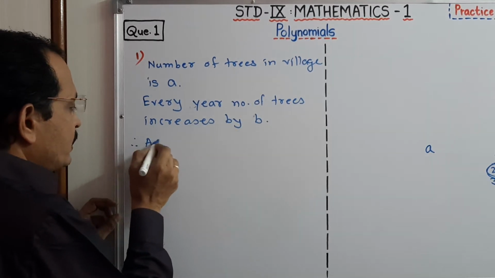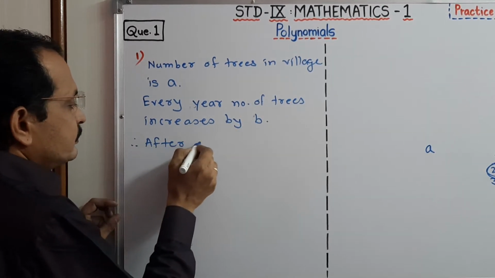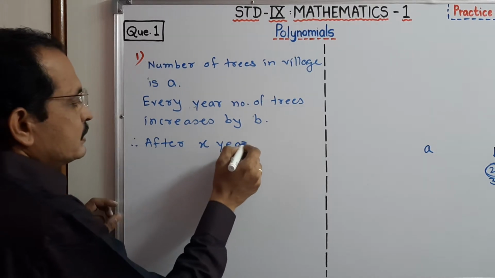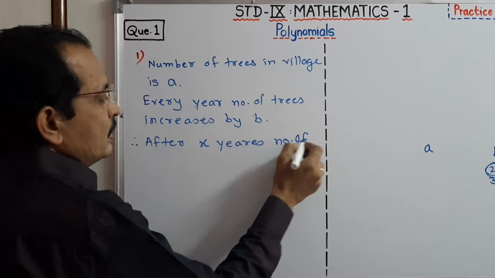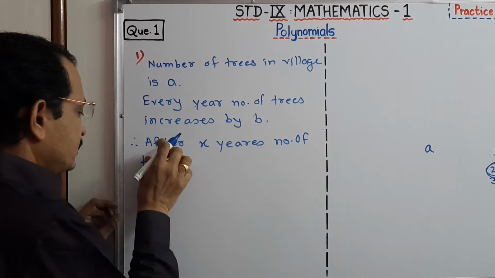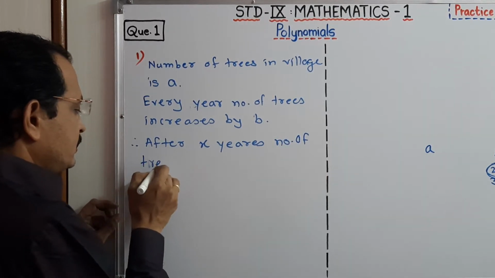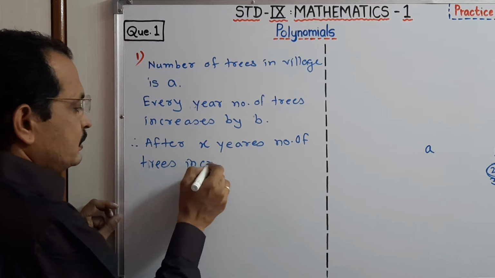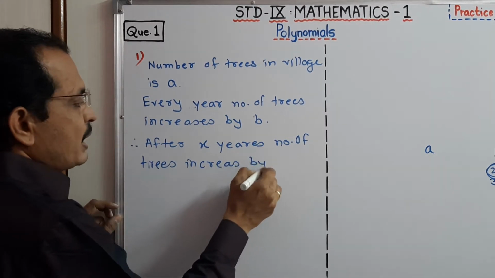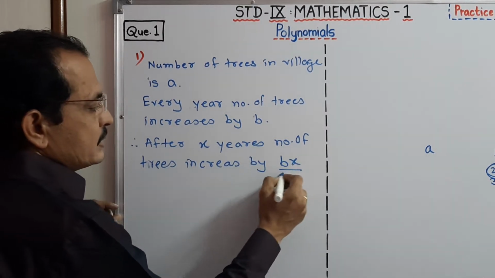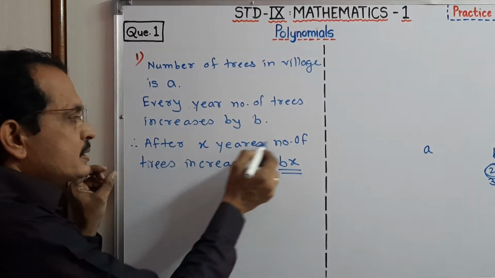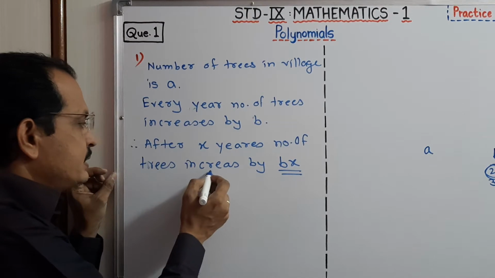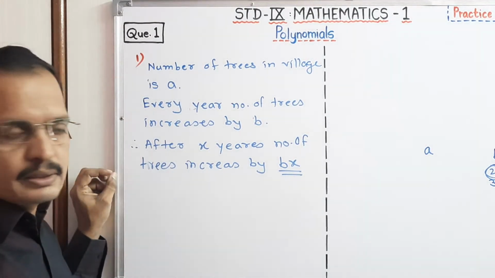Therefore, after x years, the number of trees increases by bx. I think all of you understand this. After x years, the number of trees increases by bx.